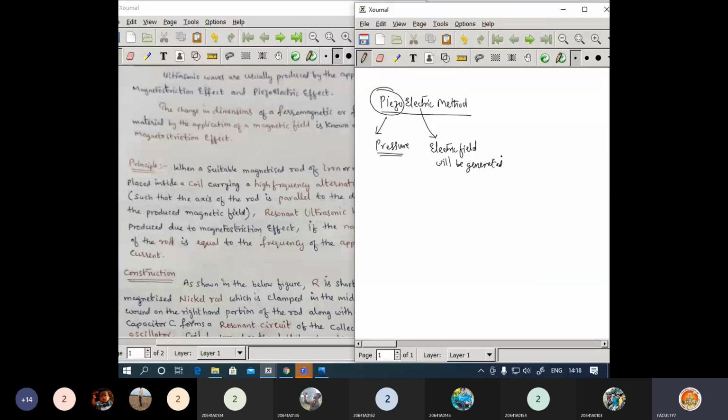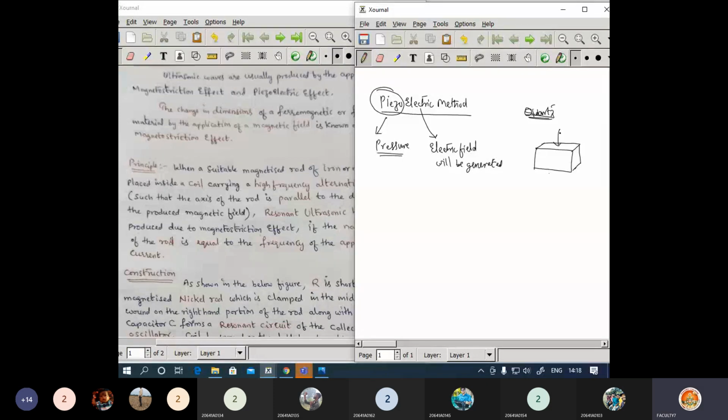Now what actually is the concept? If you are going to take certain crystals, suppose here this is a crystal. Now a crystal we call this as quartz. Okay, now on the quartz crystal, suppose this is a top face and this is the bottom face.